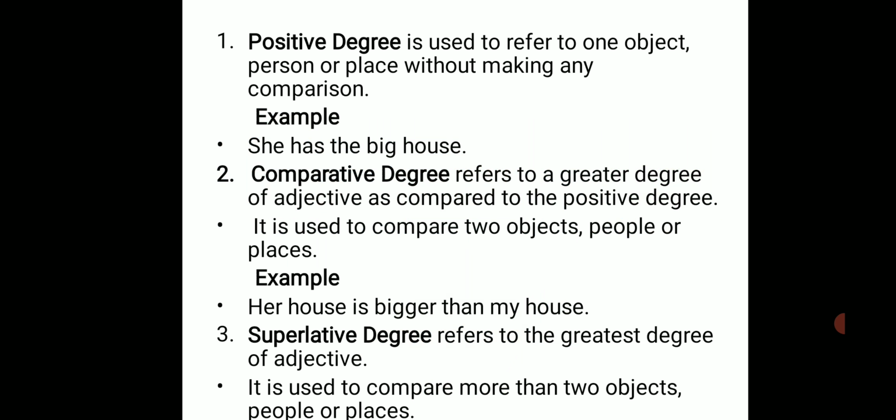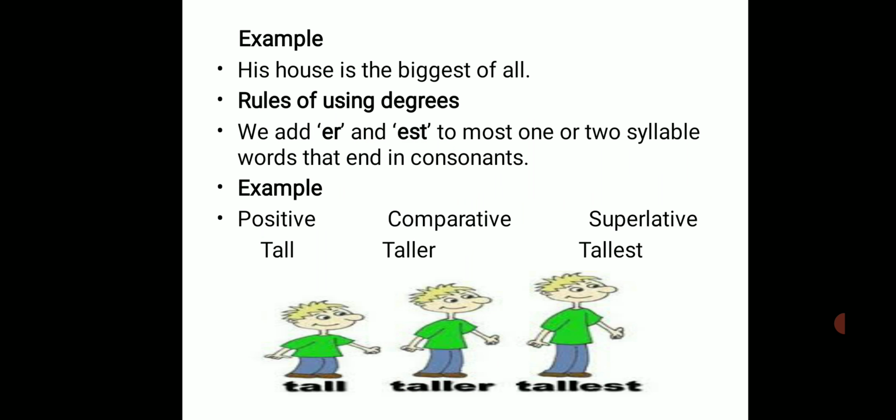Let us consider the same example that's used for positive and comparative. Her house is the biggest of all. Look at the adjective forms: big, bigger than, and the biggest. Her house is the biggest of all.